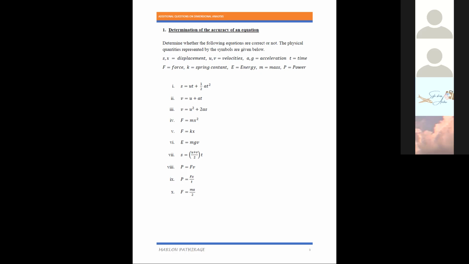When you are writing the answer, you have to write the logic for each and every term. If the dimension of each and every term is the same, you should write that. That is the logic.